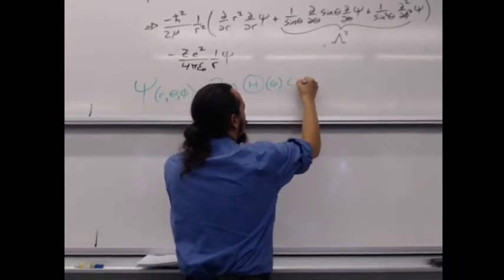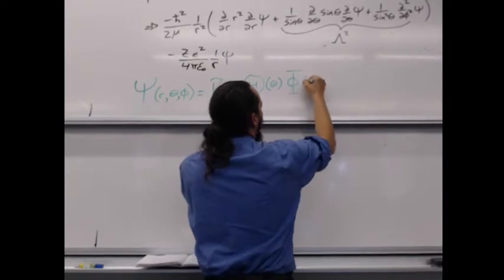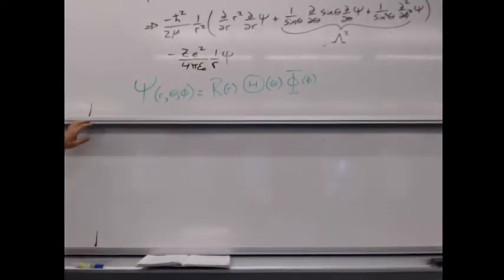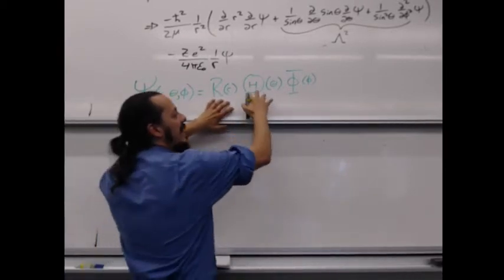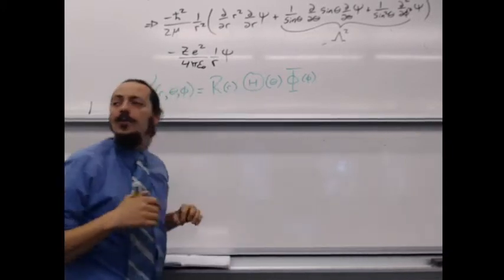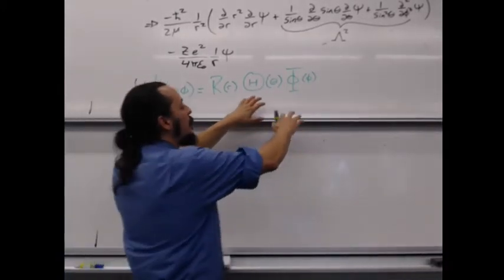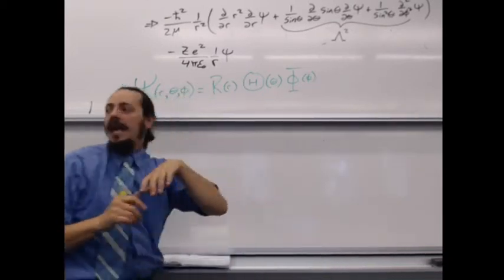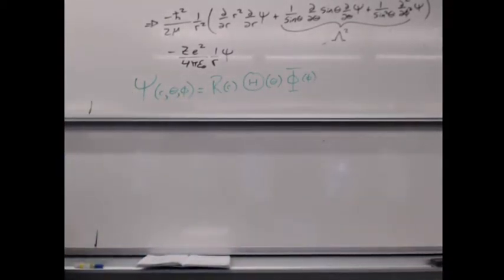And it's going to have some function capital Phi that depends on phi. And each time we separate the variables, we end up with a constant. If you remember last time, when we separated theta and phi, we ended up with an L and we ended up with an M sub L. The same thing is going to happen here.